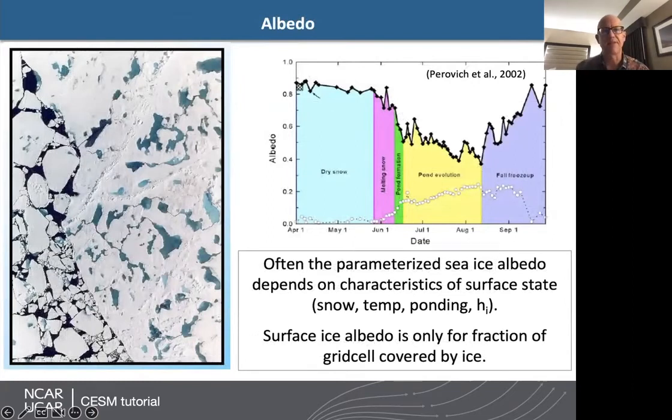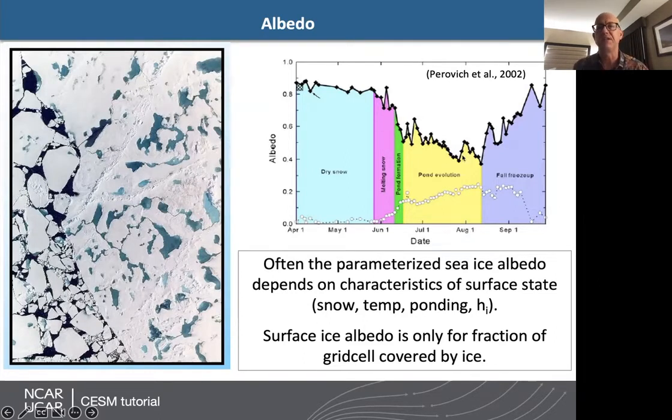Another important aspect that I've mentioned a number of times is the albedo, and in particular the albedo feedback. And you can see here during the winter months, there's not really any light, but then as you start to get into more and more light coming in, the snow is relatively dry. And so the albedo is very, very high. It's around 0.8. But then you can see as you start to get water in the snow and these little melt ponds forming, that it can really drop significantly.